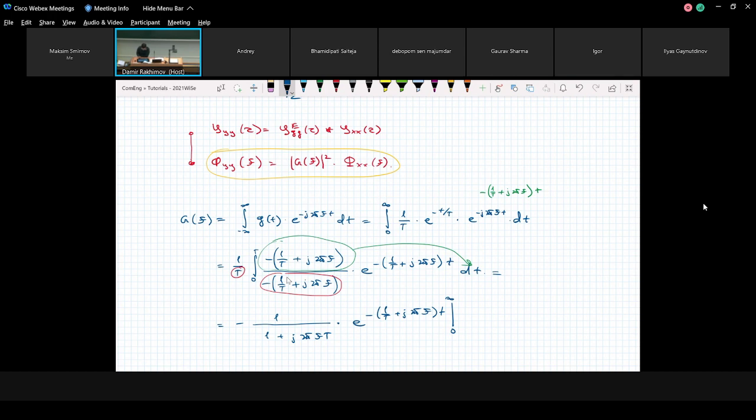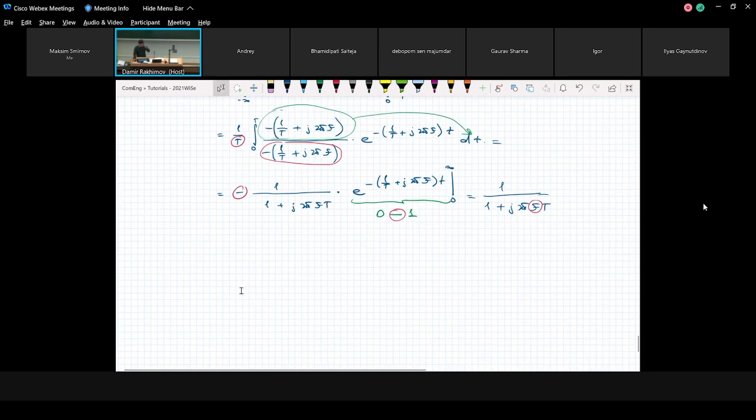When we substitute infinity, the exponential function with minus gives us 0, and when we substitute 0 for t, it will be exponential of 0, which is 1, and we have minus in front of the expression. So we come to the function 1 over 1 plus j 2 pi f capital T, and it is a function of frequency, our transfer function.